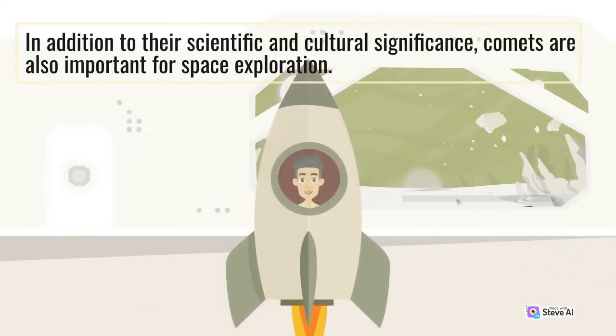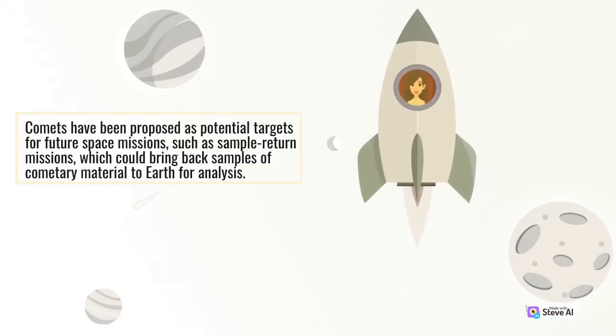In addition to their scientific and cultural significance, comets are also important for space exploration. Comets have been proposed as potential targets for future space missions, such as sample return missions, which could bring back samples of cometary material to Earth for analysis.